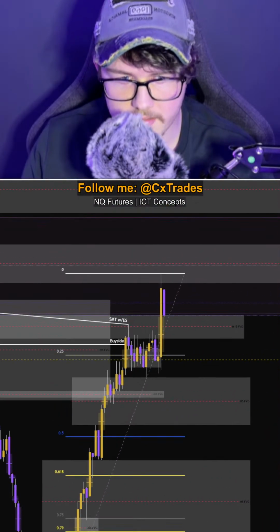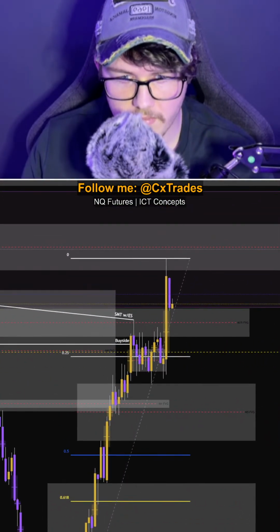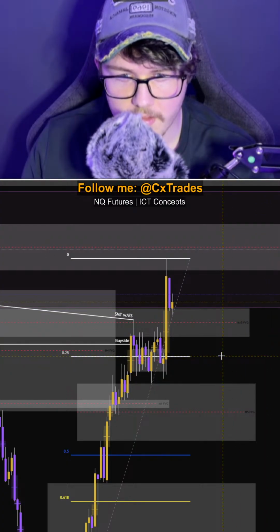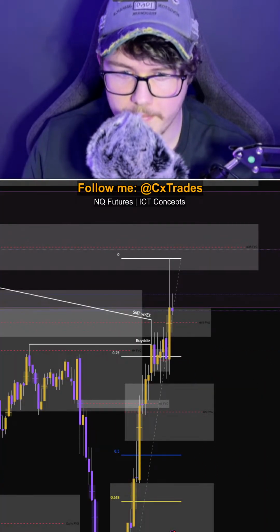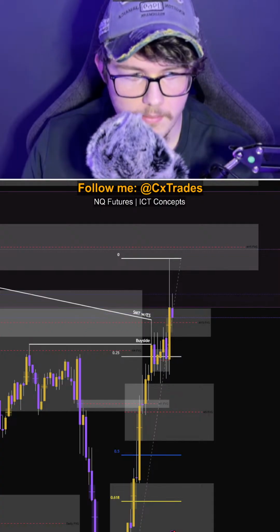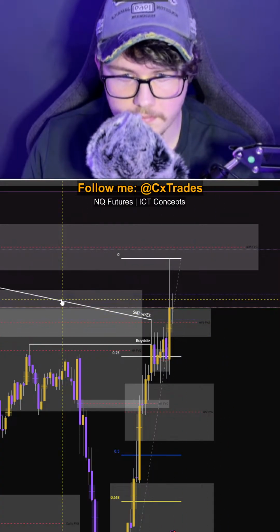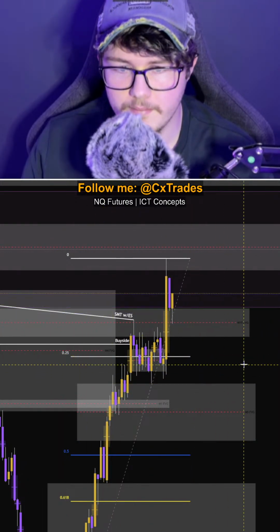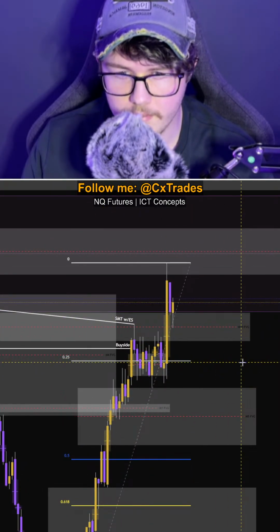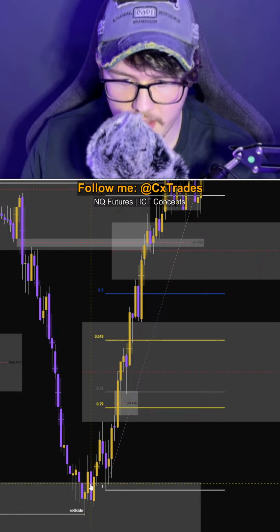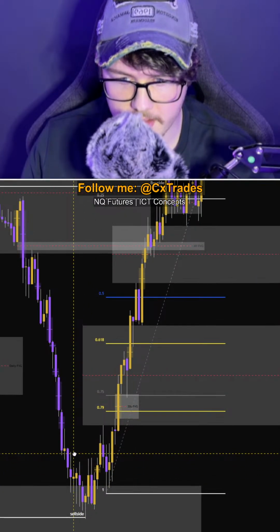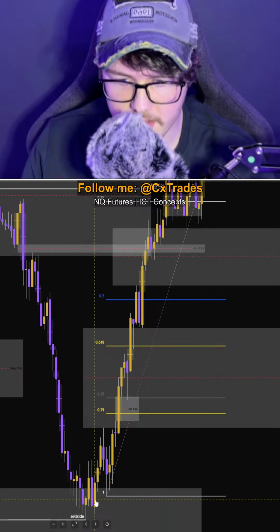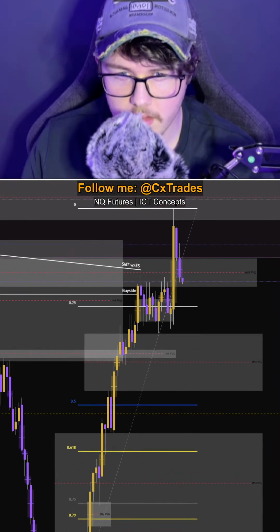So we're entering the 10 o'clock here. Macro started about 10 minutes ago. This could be a silver bullet long here. It's a shame that we didn't get an entry. I really would have taken this. It is a shame. Even a small 30-second, maybe below this low, would have been absolutely perfect.